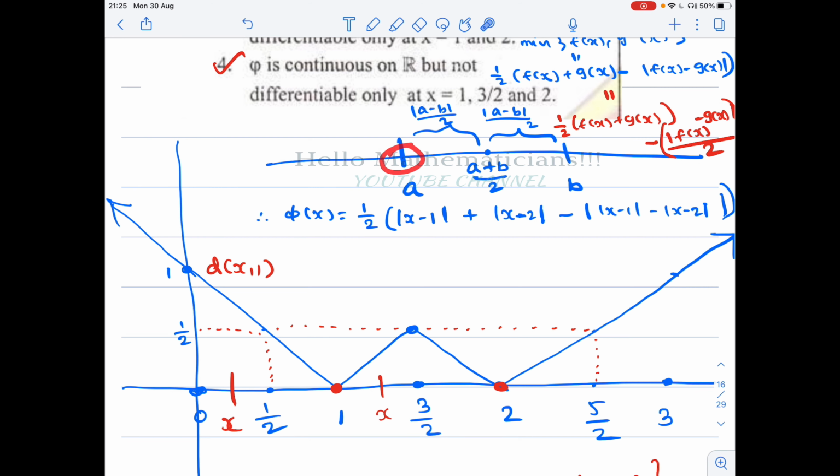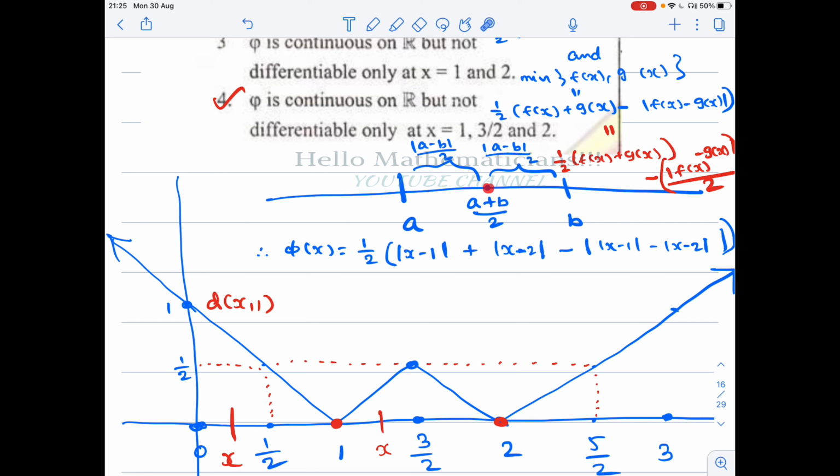Take two real numbers a and b on the real line. Then their average, a plus b by 2, is nothing but exactly the middle point. In this line segment you take the middle point, that will be a plus b by 2.